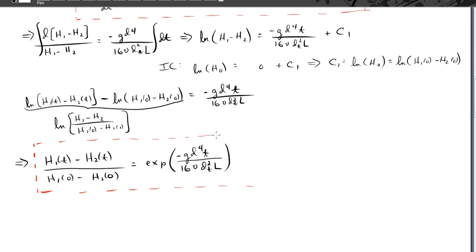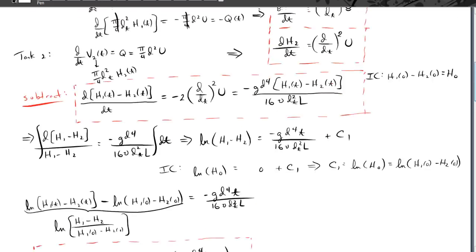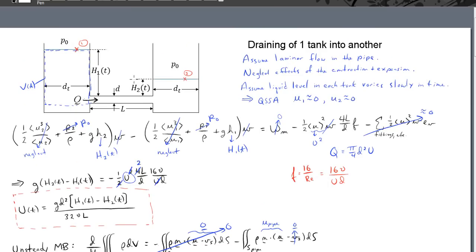And so as the liquid levels get closer and closer, the rate at which they change becomes smaller and smaller. And it becomes smaller exponentially within the approximations we made. Now this makes perfect sense because the driving force for this flow from one tank to the other is the hydrostatic pressure component. It's the potential energy difference. It's the height of liquid in tank 1 being higher than the height of the liquid level in tank 2.